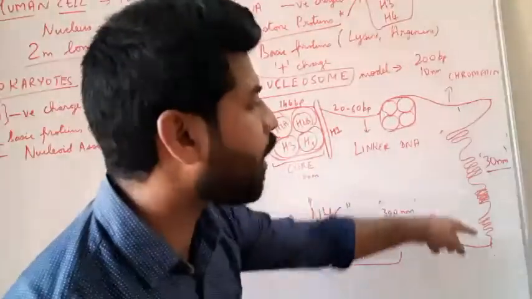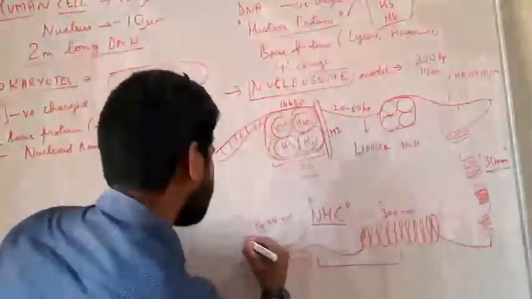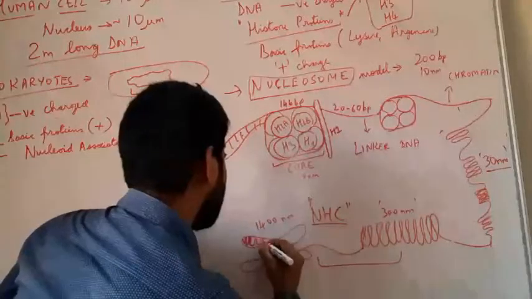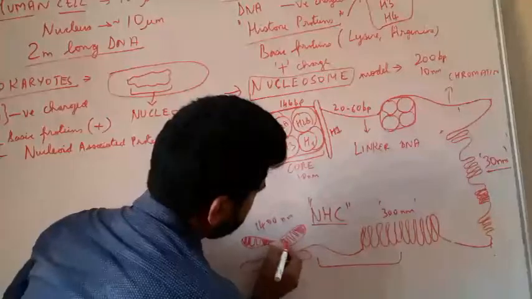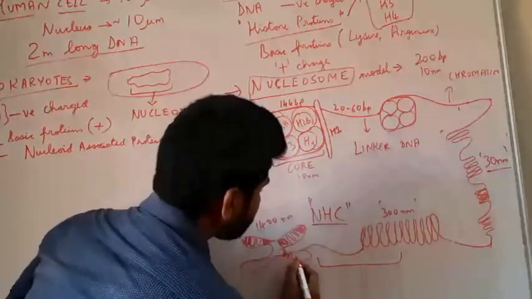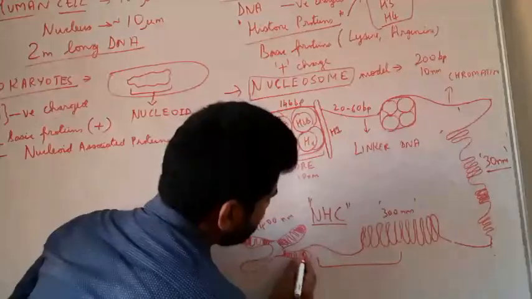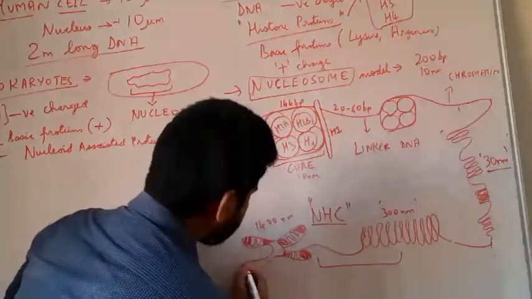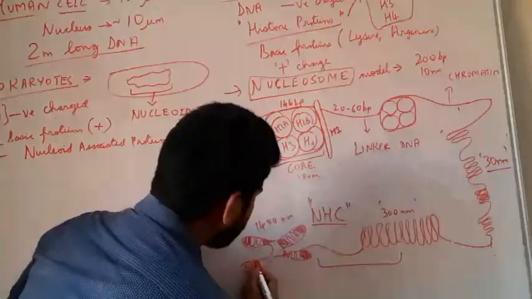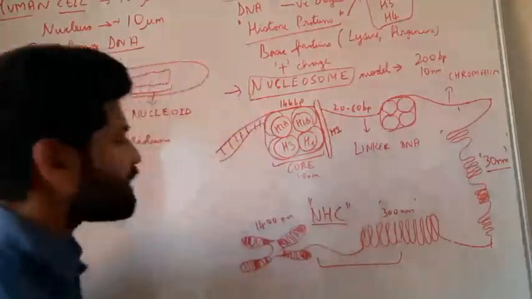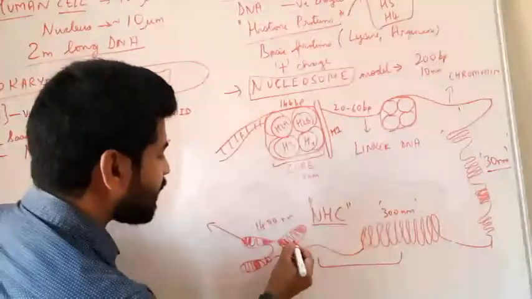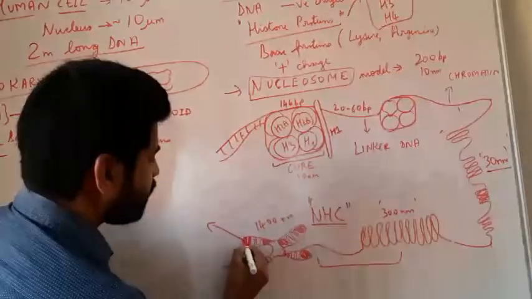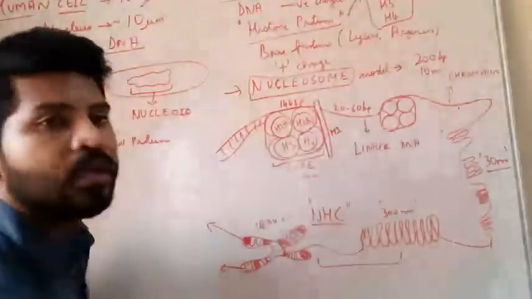Now, when the chromatin molecule is coiling in a chromosome, what we see is that in some regions the coiling is very high, and at some regions the coiling is very less. So there is a dark region and a light region in the chromatin.